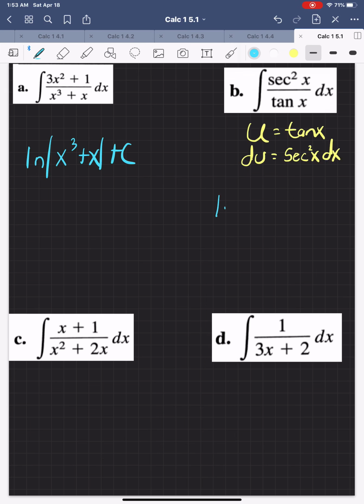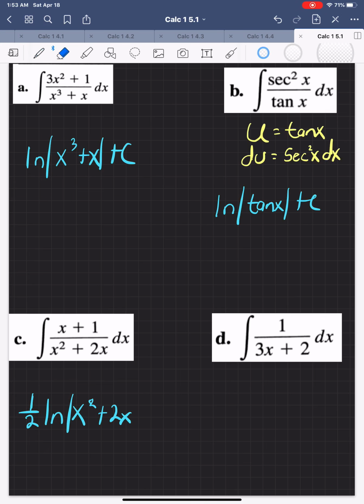The answer is ln of tan of x plus c. And finally, here this would end up being 1/2 ln of x squared plus 2x plus c. And the answer here would be 1/3 ln of 3x plus 2 plus c.